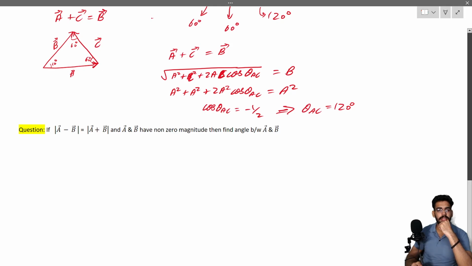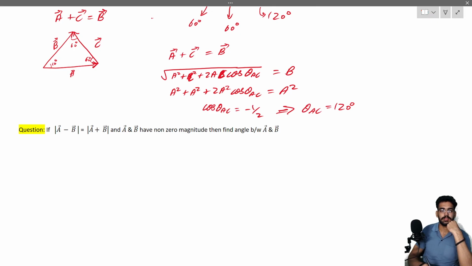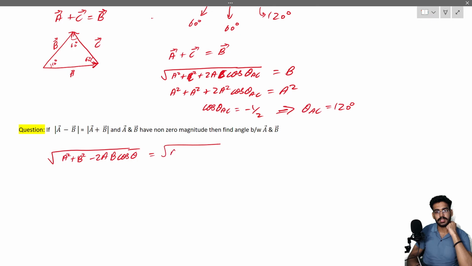Next question. If the mod of A minus B is equal to the mod of A plus B, and A and B have non-zero magnitude, then find the angle between A and B. Let's assume the angle between A and B is theta. So we write: under root a square plus b square minus 2ab cos theta is equal to under root of a square plus b square plus 2ab cos theta.